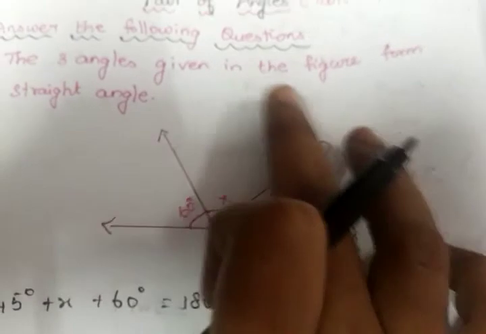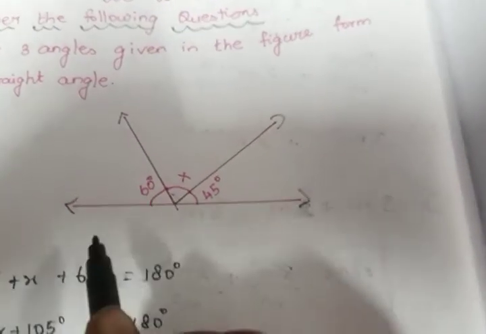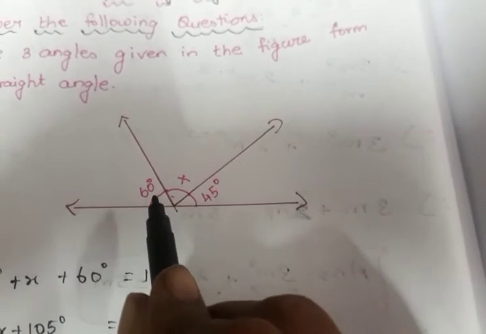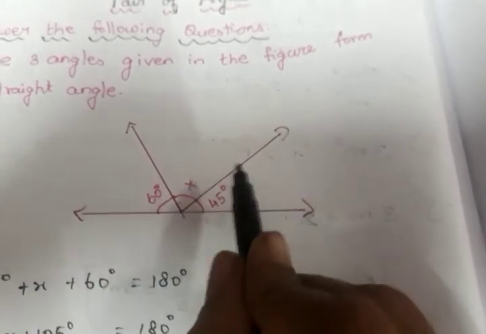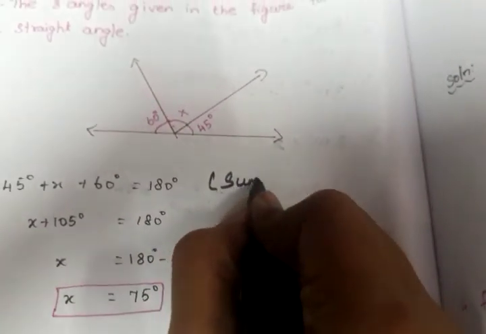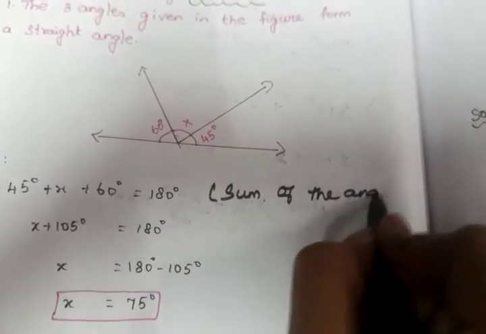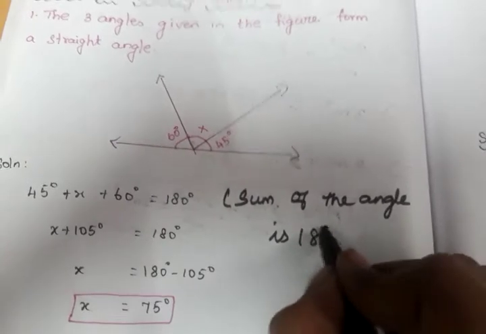The three angles given in the figure form a straight angle. Okay, so that is adjacent angles: 60 degrees, x, 45 degrees. The sum of the angles is 180 degrees.